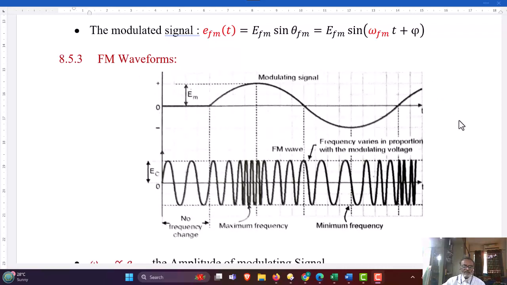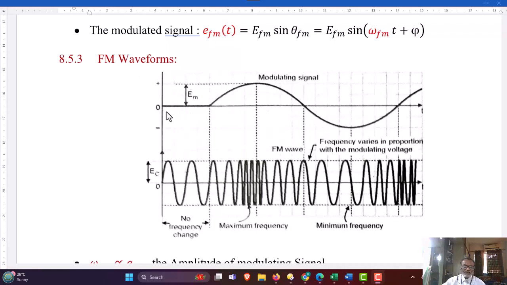Let us see the waveform of the frequency modulated signal with respect to the modulating signal. Let us use here the modulating signal as a low frequency sinusoidal signal and the carrier signal as a high frequency sinusoidal signal.